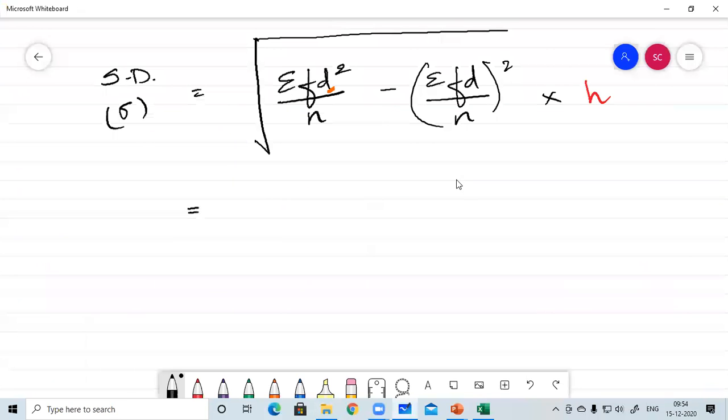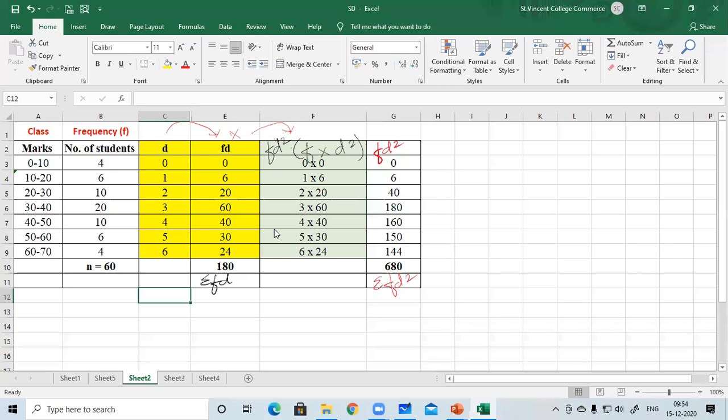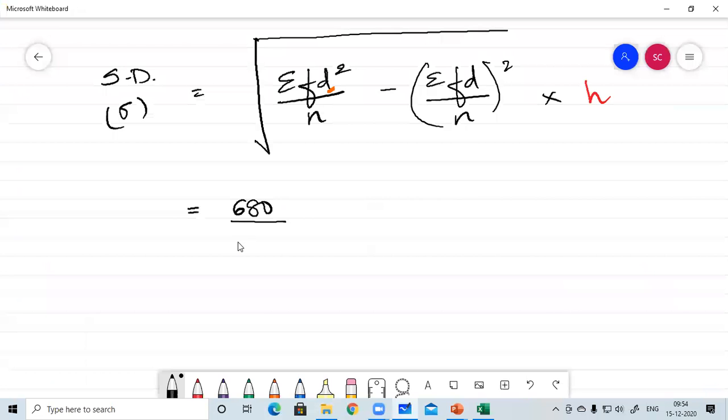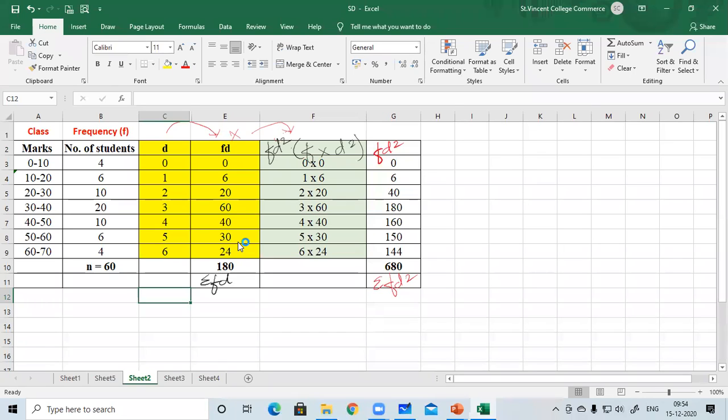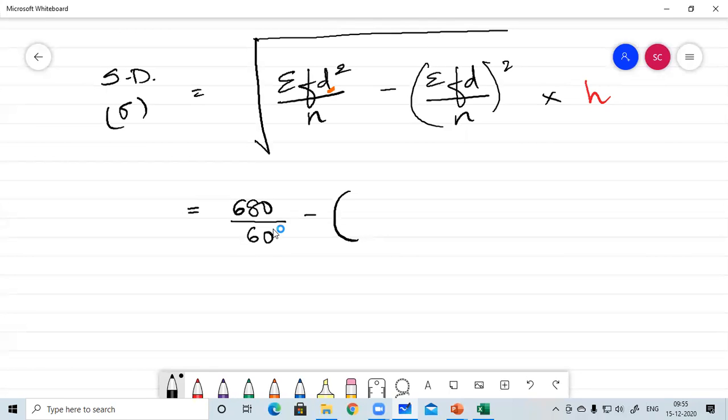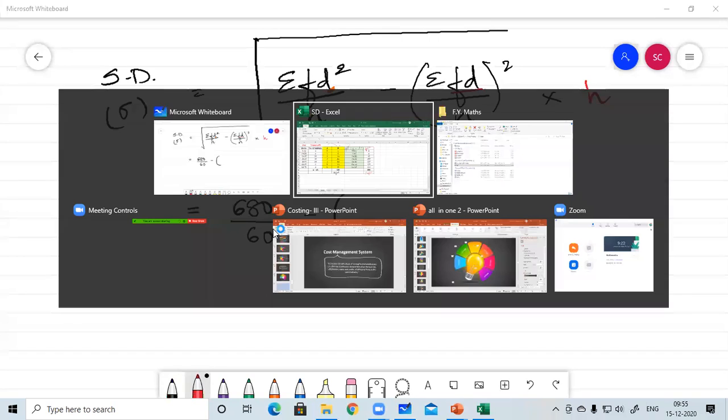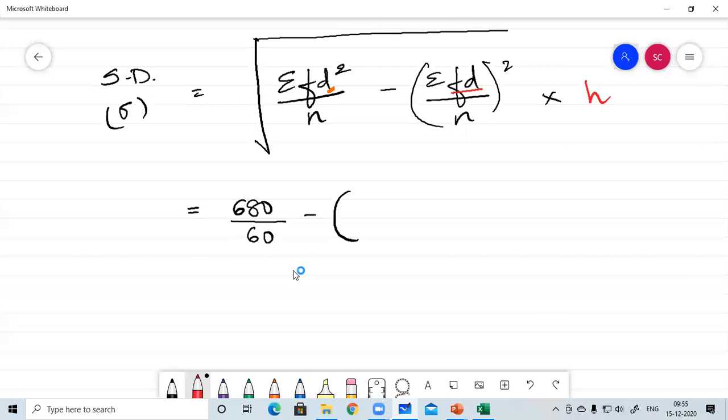So you will have to do 680 divided by n, which is 60, the total of the frequency column, minus, in the bracket, sigma FD, which is 180 upon 60, the whole square.